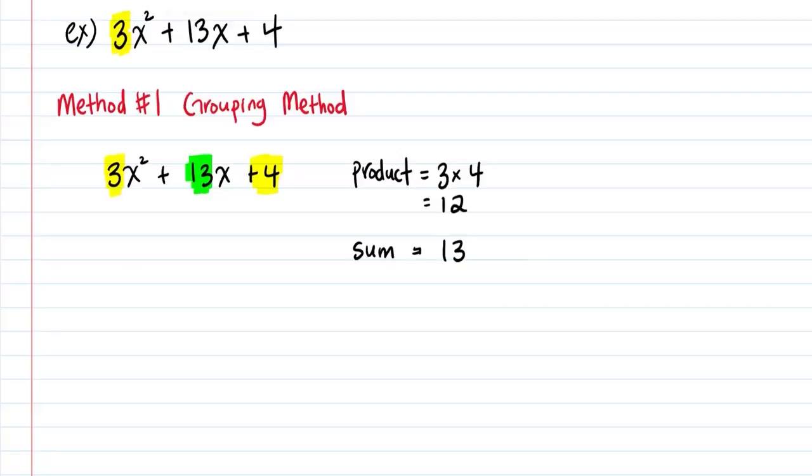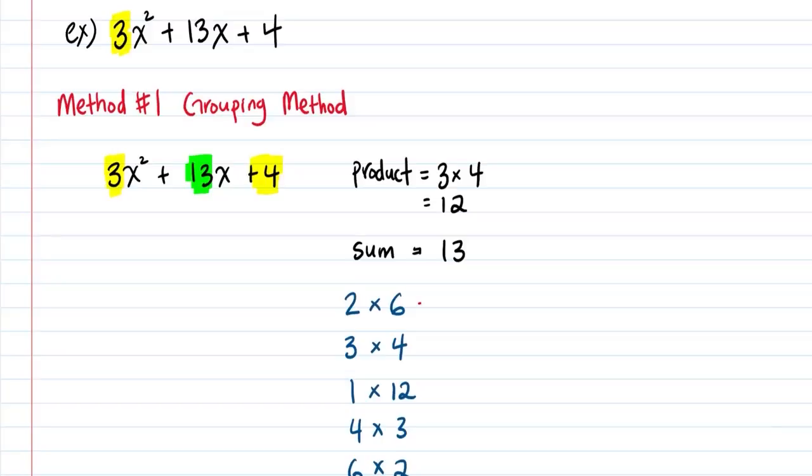So we're going to start with any two numbers that make the product of 12. We could do 2 times 6, 3 times 4, 1 times 12, and we can even do 4 times 3, 6 times 2, and so on. Find the one that has the sum of 13.